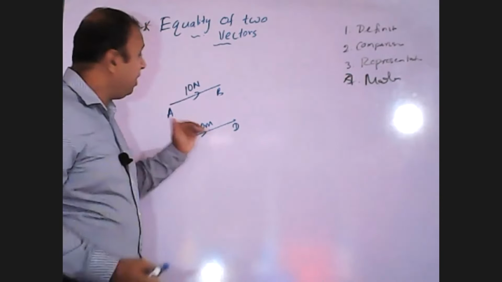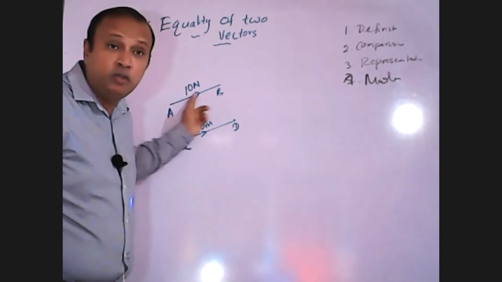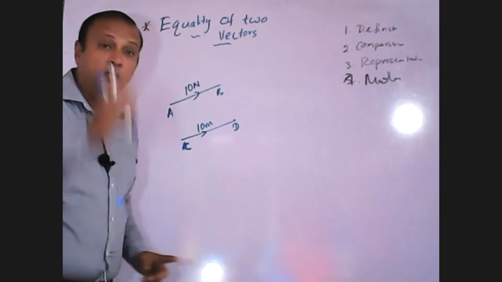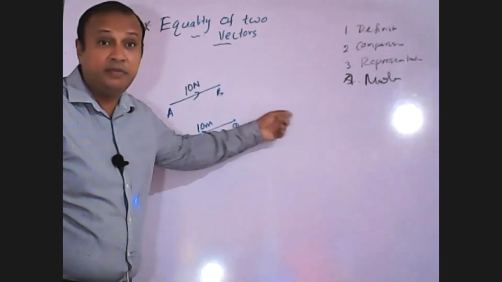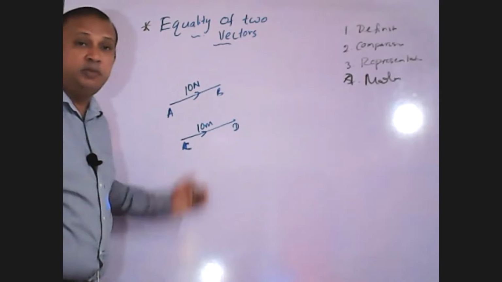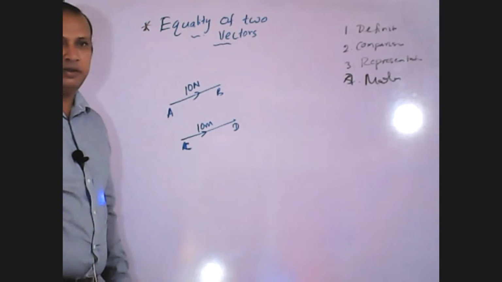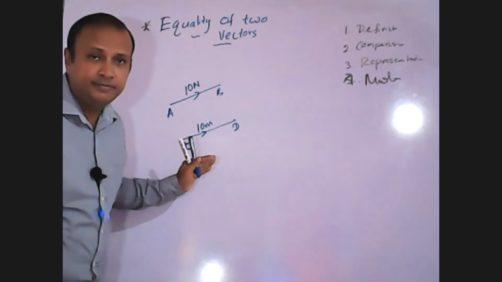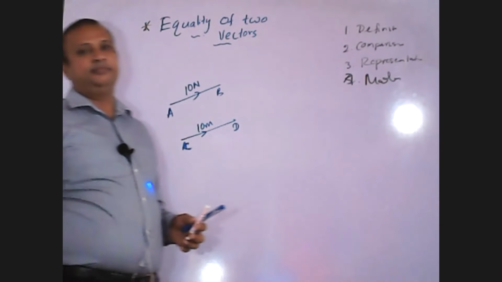So if any two vectors are equal, their magnitude should be equal, the direction should be equal, and both should represent the same physical quantity. That means they should be homogeneous. Do you understand? Do you get my point? Okay, good.